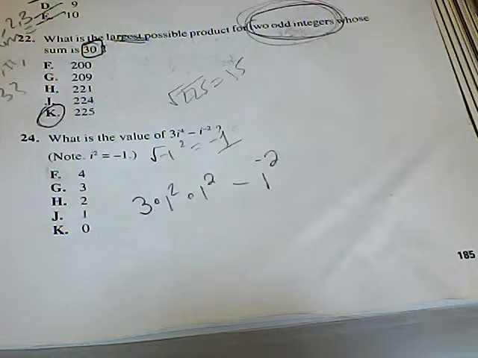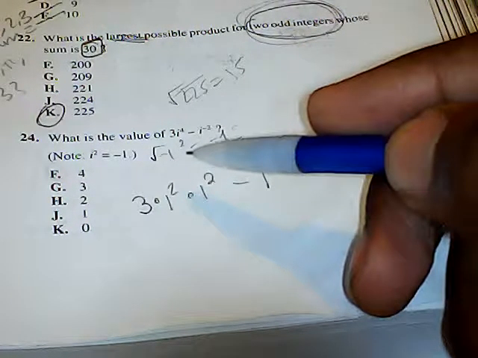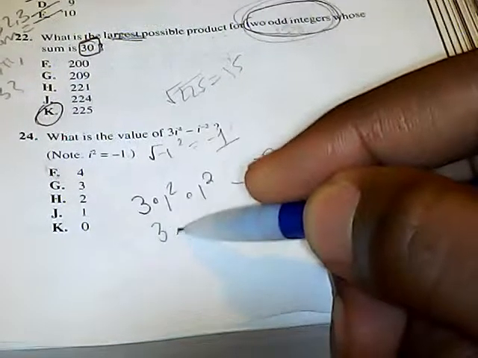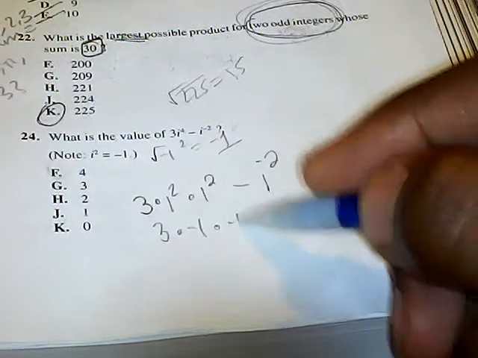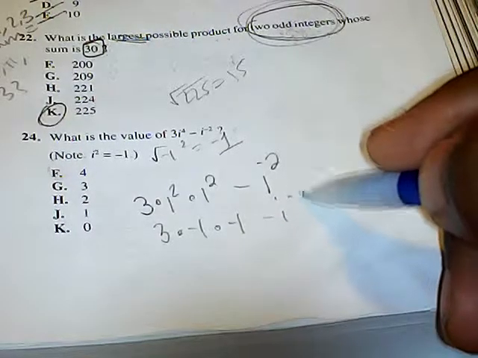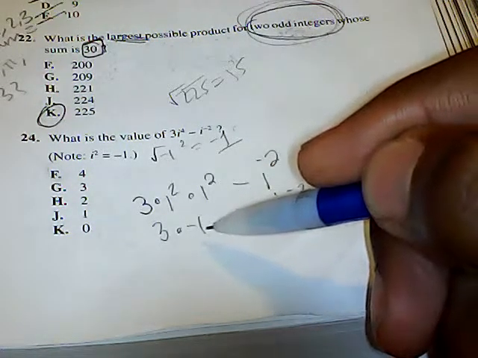If i squared equals negative 1, we can already substitute negative 1 for i squared. So 3 times i squared times another i squared is going to be 3 times negative 1 times negative 1.